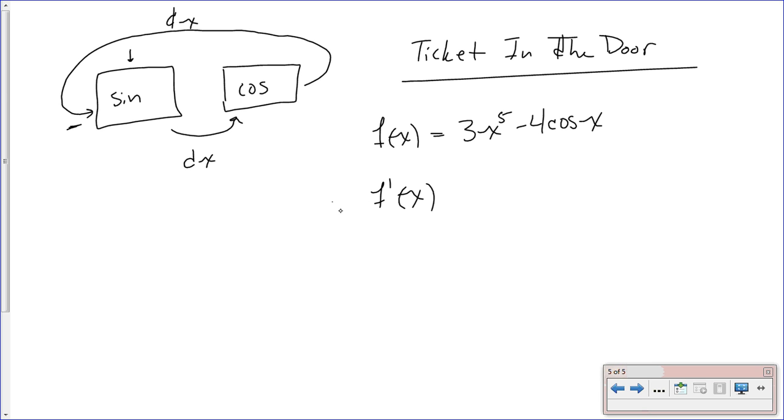Remember, f prime stands for your first derivative. We went over that in the last video. For a little refresher, if f of x is x squared, then f prime of x would be the first derivative of this, which would be 2x. So what I want is f prime of x of 3x to the 5th minus 4 cosine x.